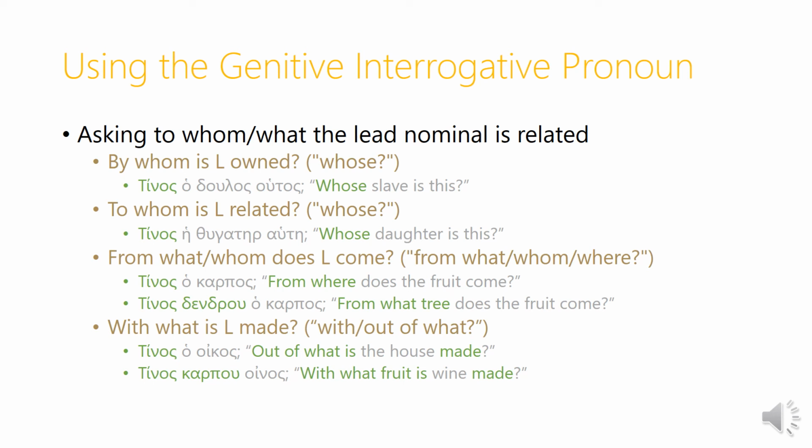The genitive interrogative pronoun might be asking to whom the lead noun is related. Tinos hethugeter haute. Whose daughter is this? It might be asking from what or whom the lead nominal comes, like a genitive of content or perhaps a genitive of source.